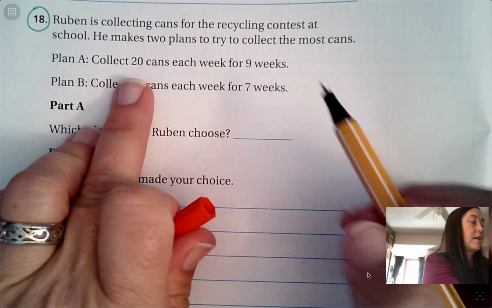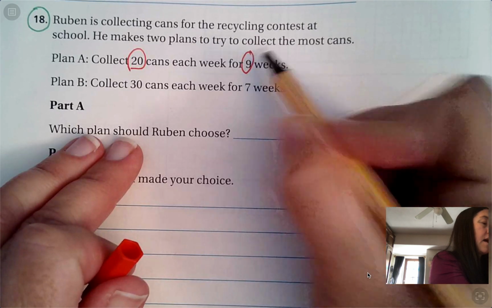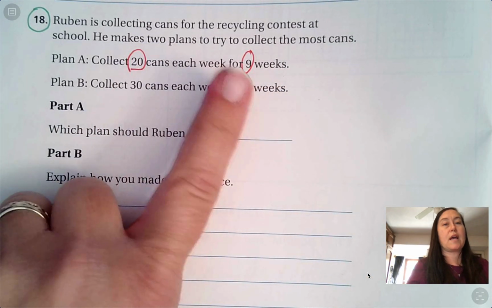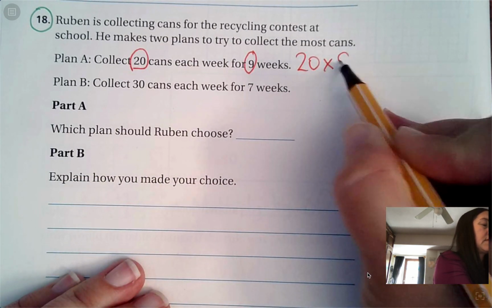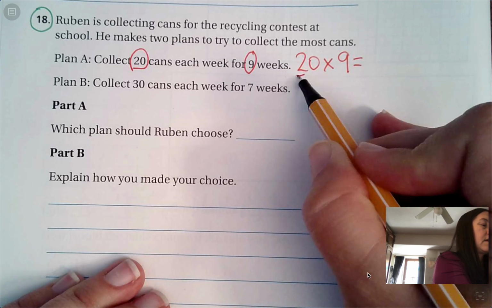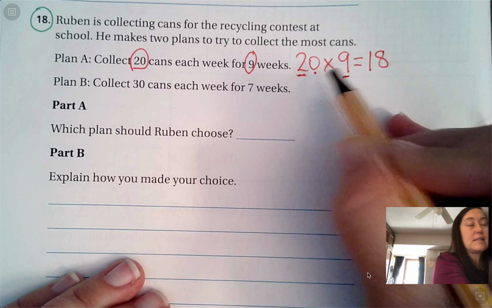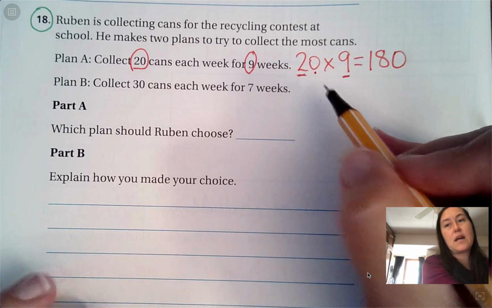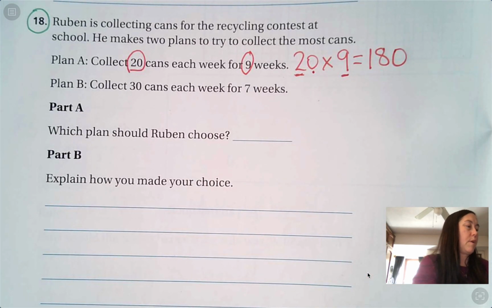So if he does 20 cans for 9 weeks, I'm going to ignore the 0 in my mind and do 2 times 9. So I'll write it out, 20 times 9. And I'm just going to think 2 times 9, well, that is 18. And then add that 0 back on the end because I'm not doing 2 times 9. I'm really doing 20 times 9. I can use my knowledge of tens and how they work to help me with that.